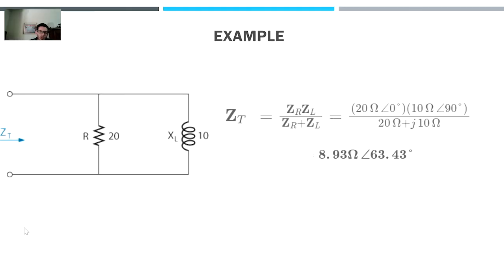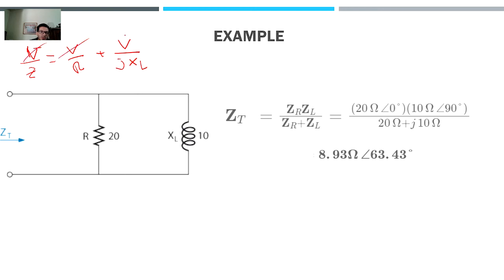In order to compute the total impedance of this RL circuit in parallel, we can use this formula, which is basically, we know that from circuits in parallel, we have 1 over Z equals, or basically voltage over impedance equals the voltage over the resistor plus the voltage divided by the inductor.